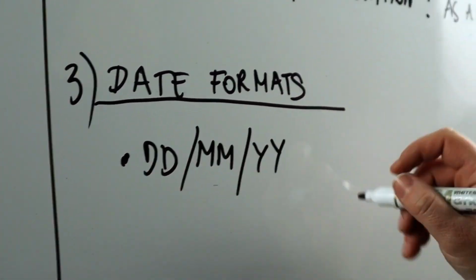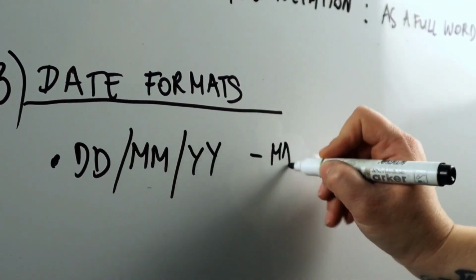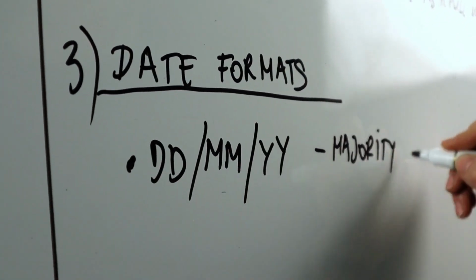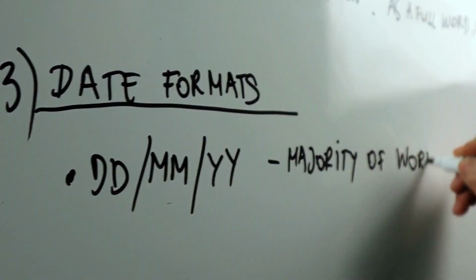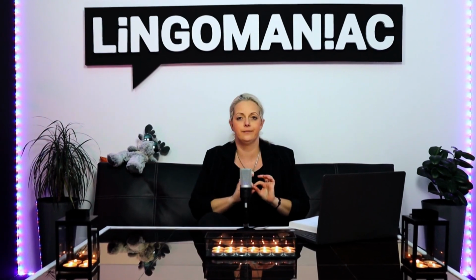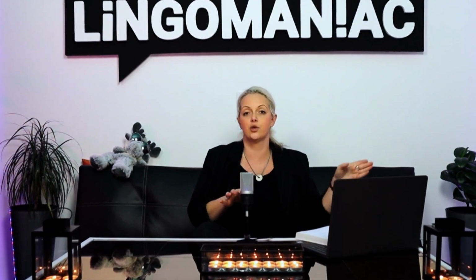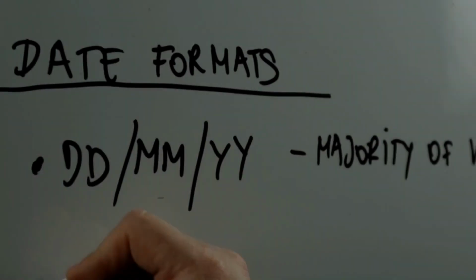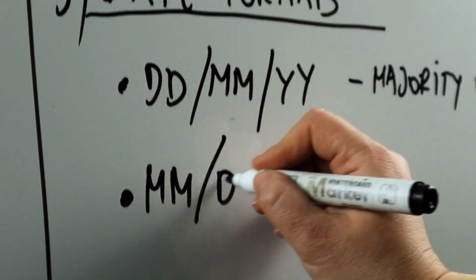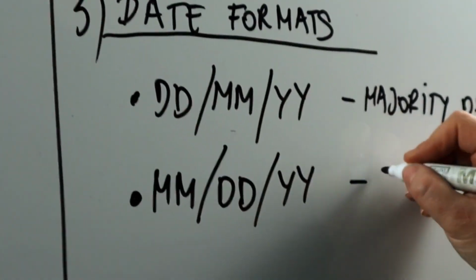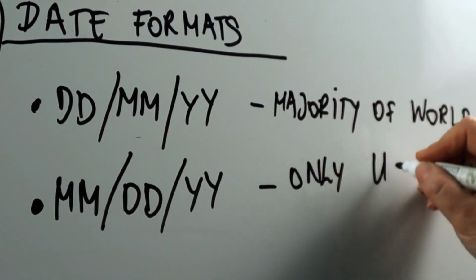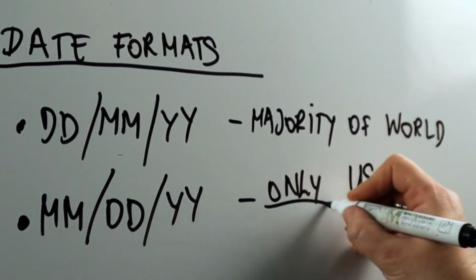But it switched to the format which refers to day, month, and year. The only country in the world which uses the old English format of month, day, and year is the USA. So they are the only ones that actually use that format.